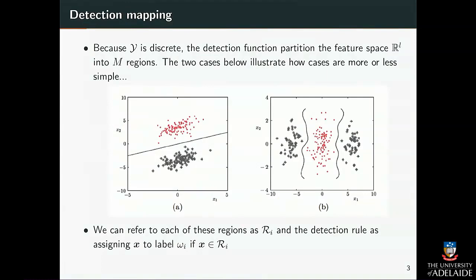So detection is a mapping, as we said. We have this red and black training data, and we are trying to find how to partition this space. And here, what is this plane? This plane is the plane of x, where this is x1 and x2, so I have a two-dimensional vector. And the task is more or less complicated, depending on how complicated is the way these classes separate.